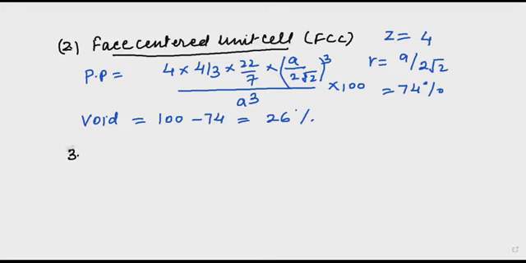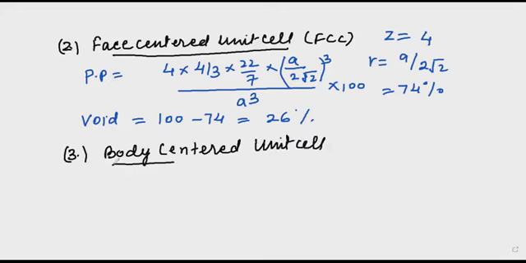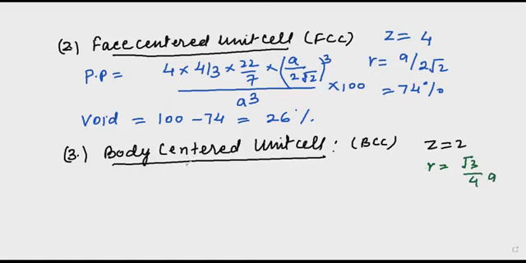Now we come to the third one. This is called the body centered unit cell, called BCC. You know that rank is 2, clear? And you also know that here the R value is equal to root 3 by 4 a.